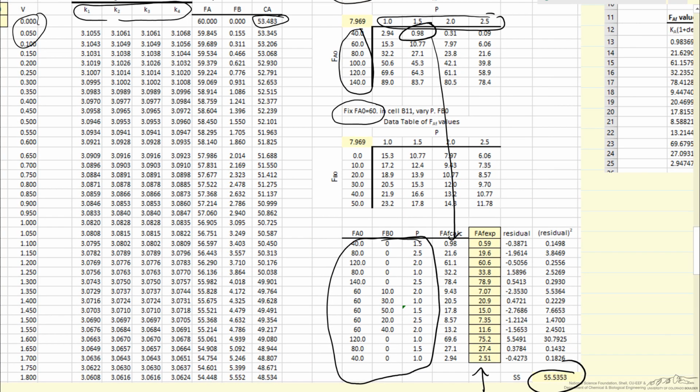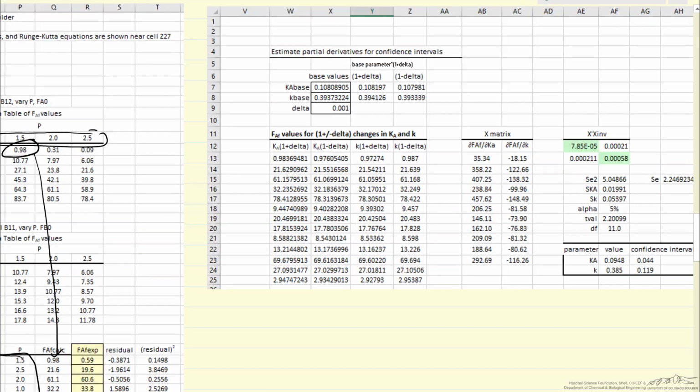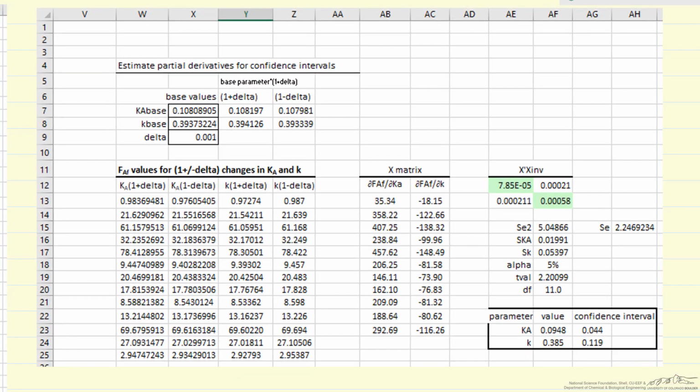The other aspect then is calculating the confidence intervals, and I won't go into details of how we've done this, but what's important to note is that we're going to take our calculated values for the adsorption equilibrium constant and the rate constant, and a small difference, delta value. So this is Ka 1 plus delta, Ka 1 minus delta, and likewise for the rate constant term.